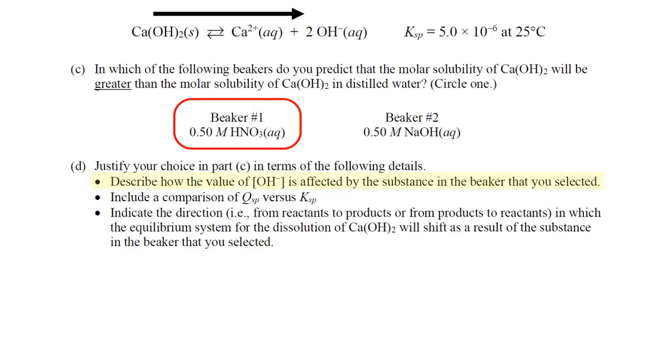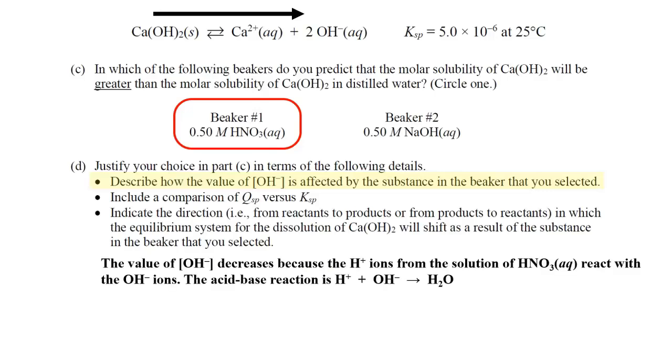First, describe how the value of the concentration of the hydroxide ion is affected by the substance in the beaker that you selected. So what will a strong acid, such as nitric acid, do to affect the concentration of the hydroxide ion?